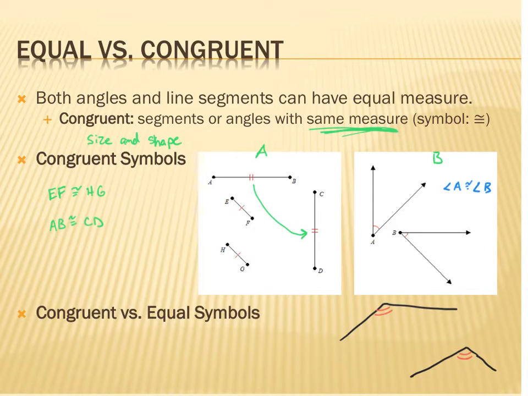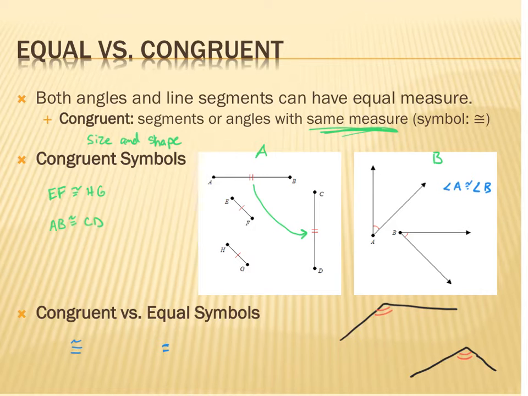Now, one more time, the biggest difference between congruent and equal is that congruent is size and shape, and equal is numbers. You can even see it in the symbols. Equal is just 2 lines. This equals this. It has the same number. They are the exact same measure.